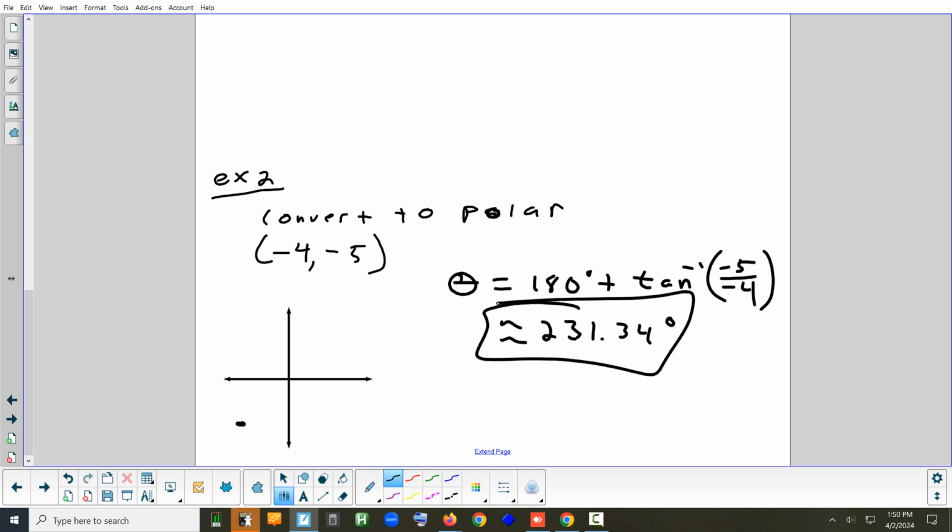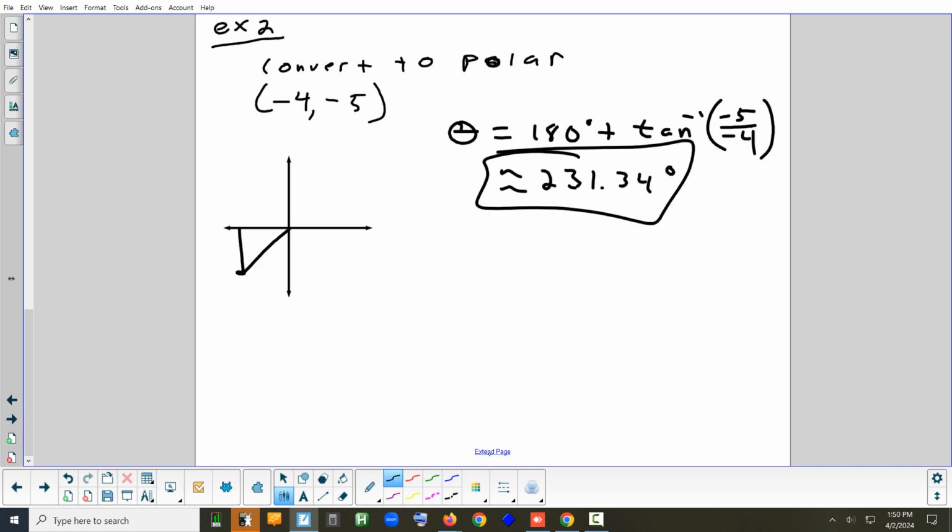Since we rounded the angle, we might as well round the radius as well. Okay, so what's going to be my formula to figure out my radius? Plus -5 squared. So that's going to give me 16 plus 25.